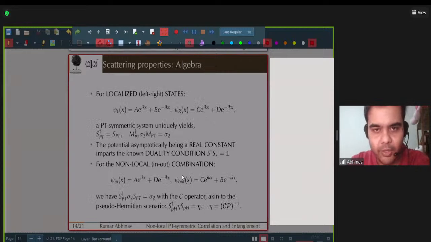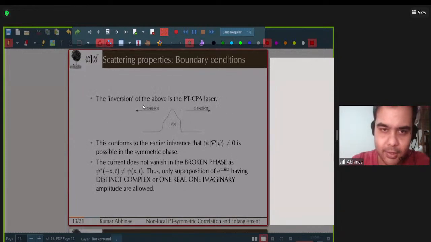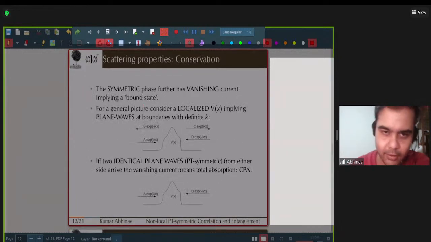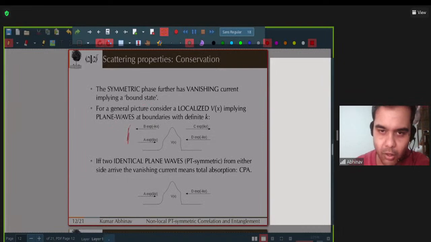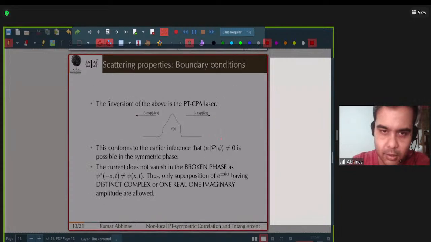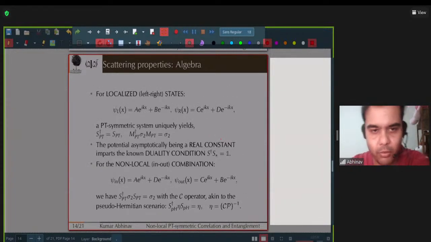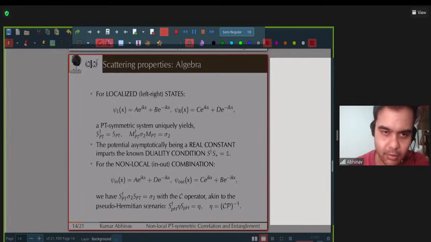We further saw that if you take some localized states, what do I mean by localized states? You consider either the left side or the right side of this potential. For them, in a PT symmetric system, you end up with a Hermitian scattering matrix. This S is the scattering matrix, and the transfer matrix satisfies some condition like this.